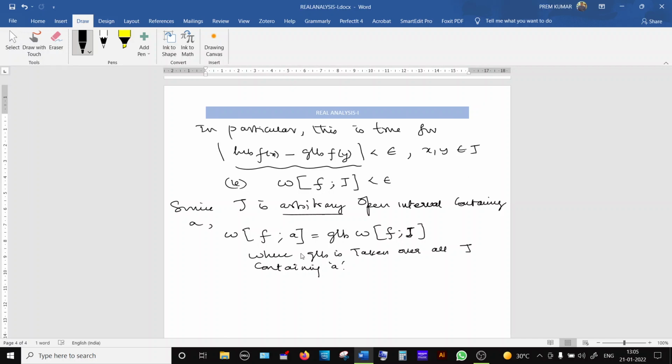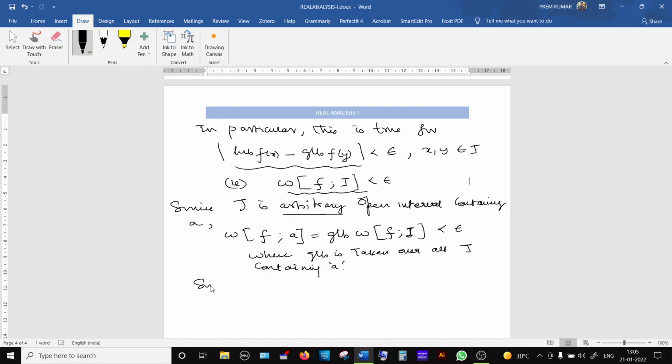Okay. All these oscillations of f over J, where J contains a, are always less than epsilon. Therefore, the greatest lower bound of all these oscillations is less than epsilon.